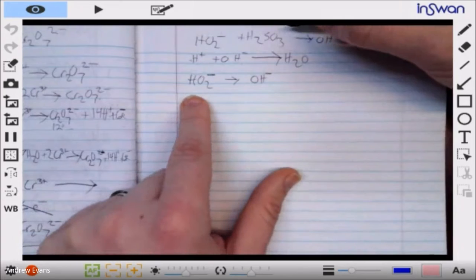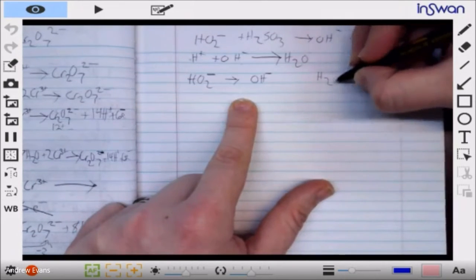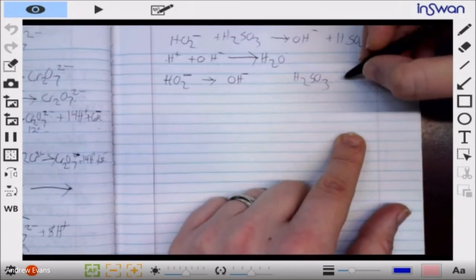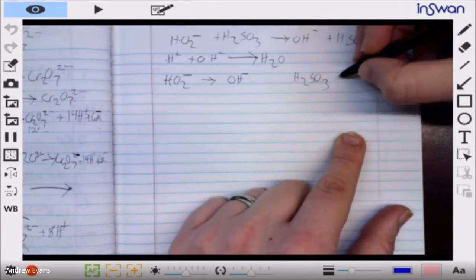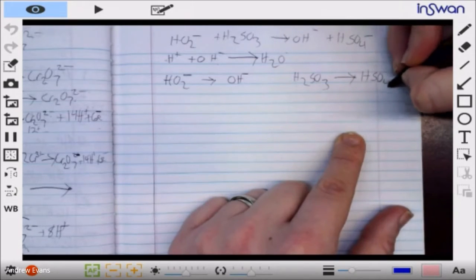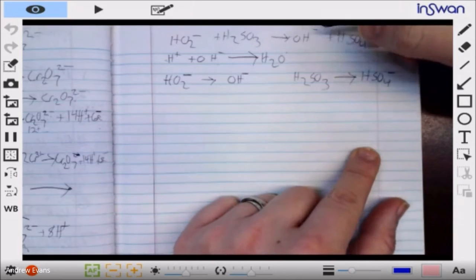But the fact of the matter is, that's going to be the base, and the other side is H2SO3, sulfurous acid, going to hydrogen sulfate or bisulfate.